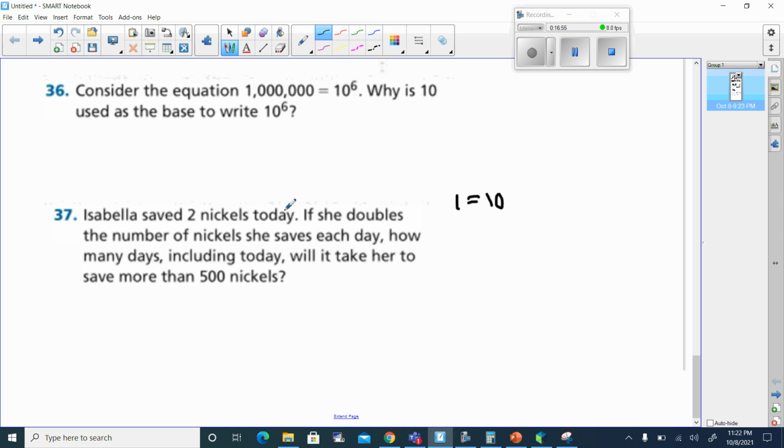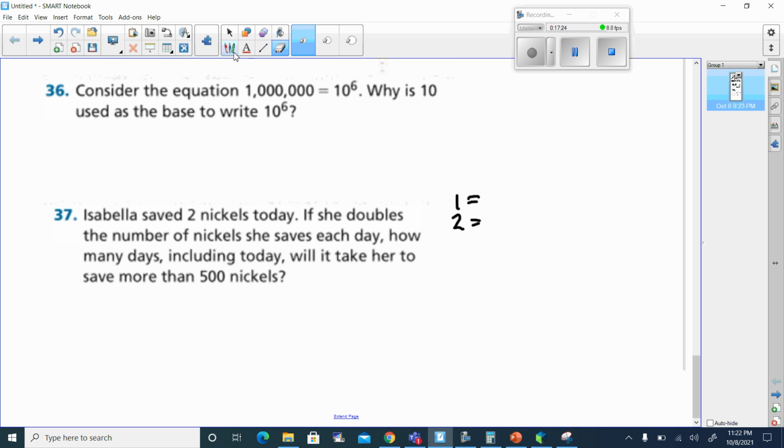That means on day 2, she doubles that, so she's going to have 20 cents, right? But we're not talking about cents. I just realized we're talking about nickels. So let's switch this up a bit.